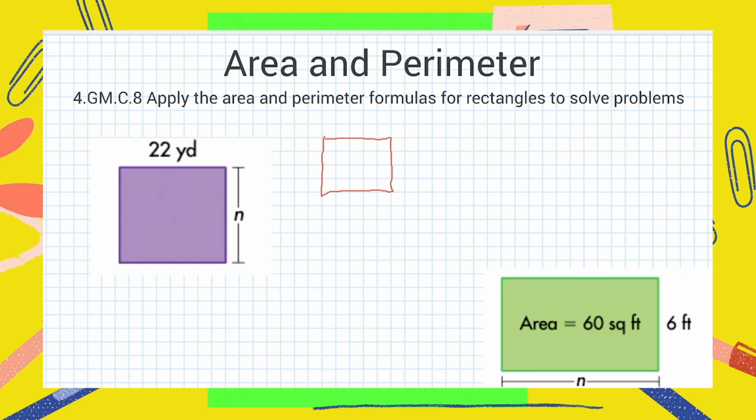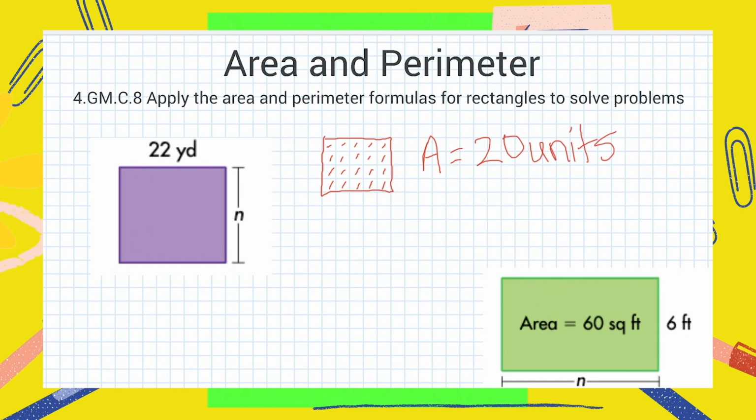Let's count them up. 1, 2, 3, 4, 5, 6, 7, 8, 9, 10, 11, 12, 13, 14, 15, 16, 17, 18, 19, 20. The area of this figure equals 20 units.